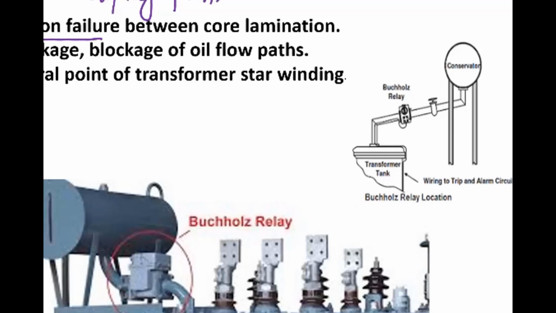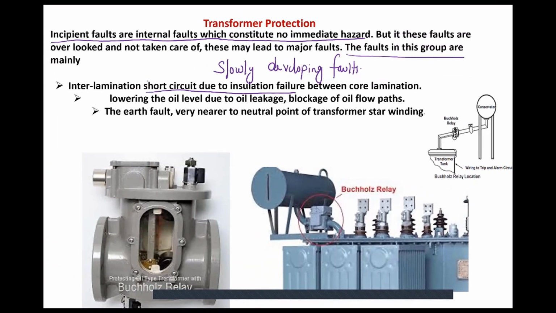First you put one winding, then some lamination, then again some other winding. So if the lamination between the two windings gets short circuited, this will lead to failure or damage of the core lamination.